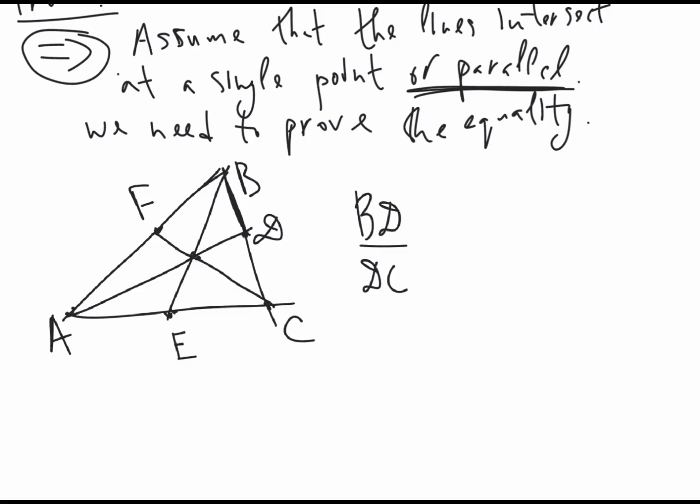So the ratio of the segments BD and DC is equal to, we consider two triangles, this triangle and this triangle.